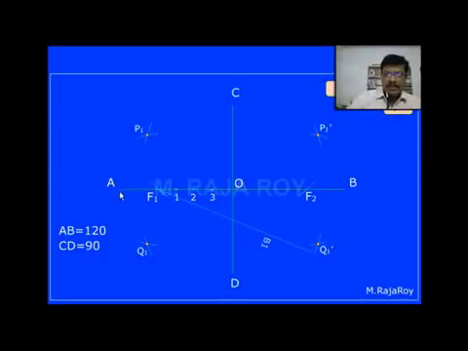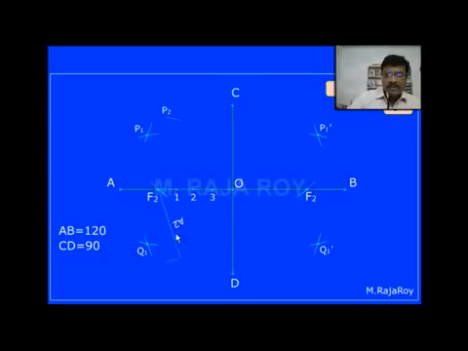Now change the radius. Take the radius as A2 and F1 as center, draw 2 arcs, and with F2 as center, draw 2 arcs. I'll show it now. Take A2 as radius, F1 as center, and draw one arc here and one more arc on the bottom side.